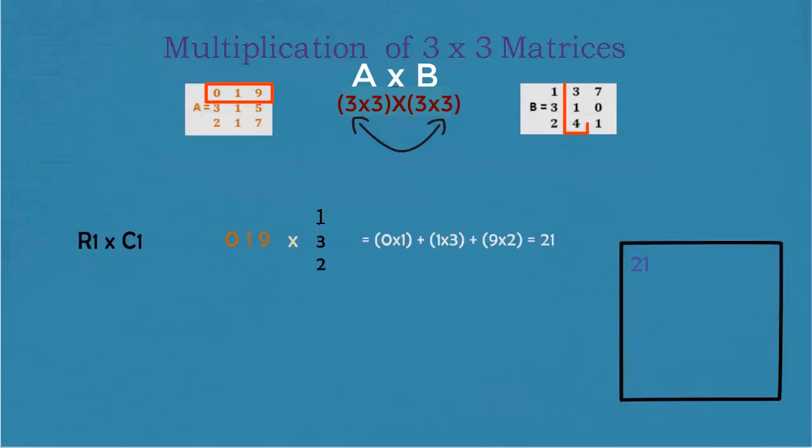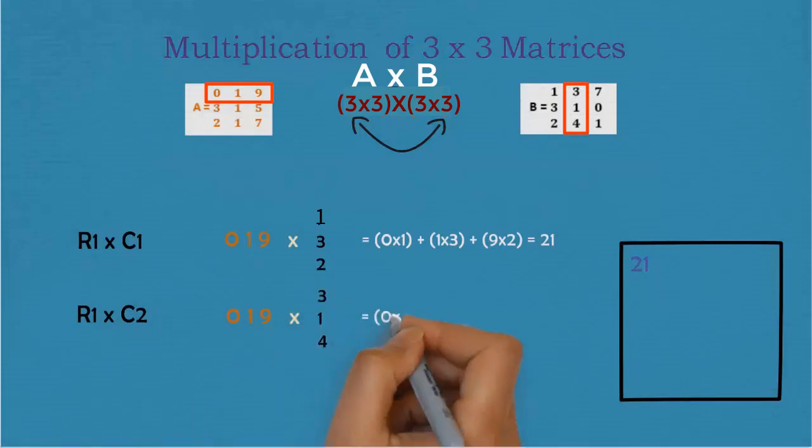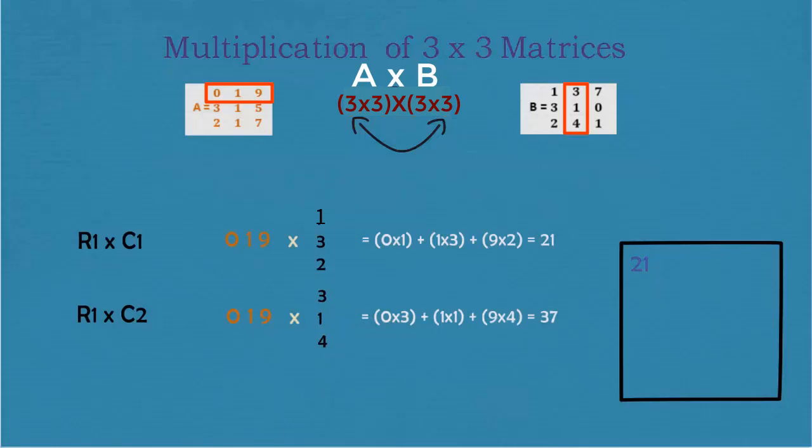Now multiplying the first row with the second column of matrix B, so 0, 1, 9 multiplied by 3, 1, 4. Carrying out the element wise multiplication, that is equal to 0 times 3 plus 1 times 1 plus 9 times 4, and that is equal to 37. Its position will be 1, 2, first row and second column, for the same reason: we multiplied the first row with the second column.